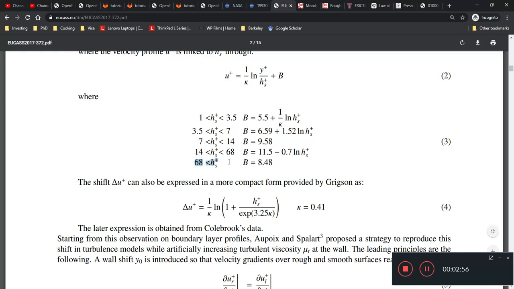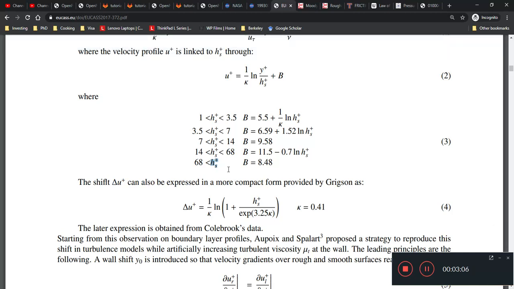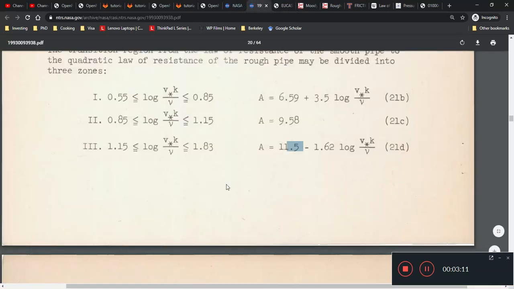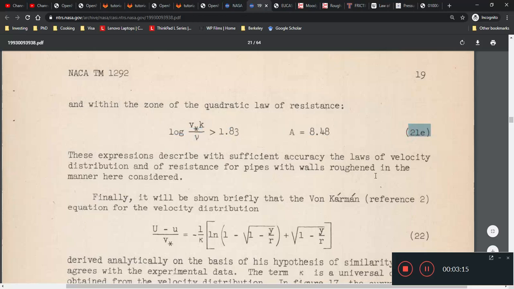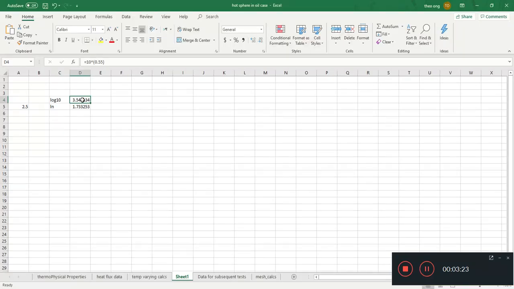And of course the last regime is HS plus more than 68, or K, the dimensionless coefficient, more than 6.68. You have B equals 8.48. This corresponds to this regime here, equation 21E. A equals 8.48. If you want to be a little extra cautious, you can do 10 to the power of 1.83 just to see whether the numbers actually match.